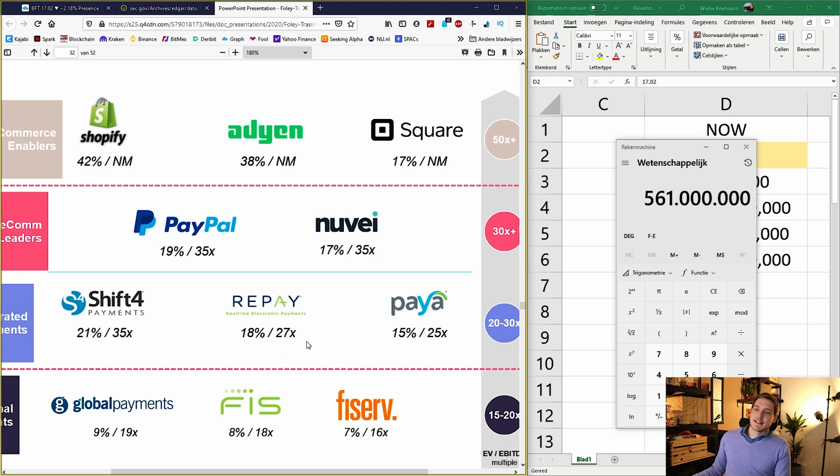Right here, we're looking at the EBITDA multiples of 2021. Here we can see companies that are very similar to Paysafe. So we're going to compare Paysafe's multiple of 2021 to other companies' multiples of 2021 as well. If it would actually say 2022, you would also need to take a look at the EBITDA of 2022.